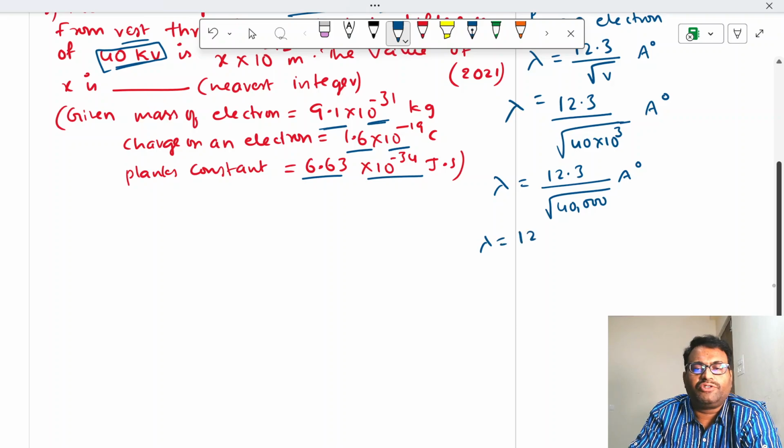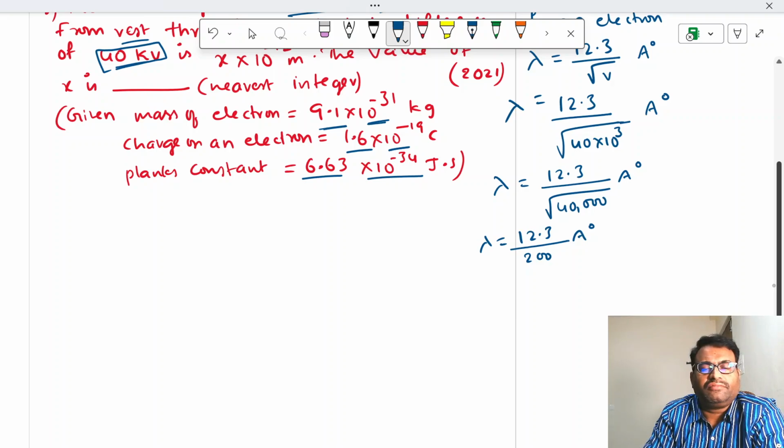Lambda is equal to 12.3 by root 40,000, which is 200 angstrom. Then what do you get? Lambda is equal to 12.3 by 2 into 10 power minus 2 into 1 angstrom, which is 10 power minus 10 meters.